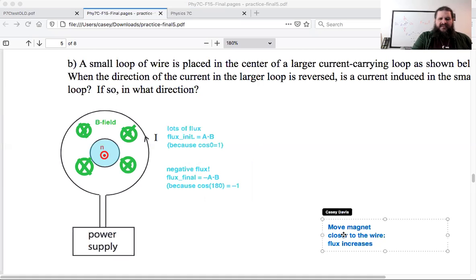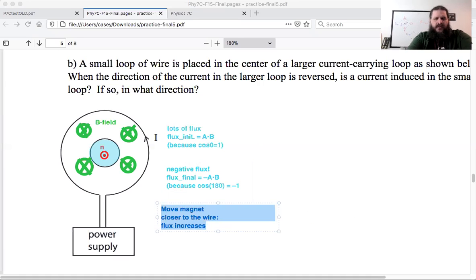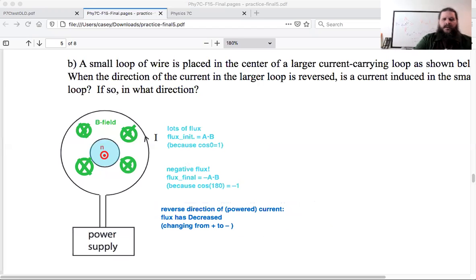Yeah, flux has decreased. So if we reverse the direction of the powered current, the flux has decreased, changing from positive to negative. So if we got a decrease in flux, we can actually associate a direction with that.